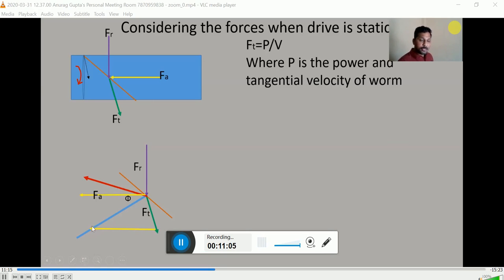This will determine the magnitude of axial force. Now, as the axial force magnitude is known, we can draw the magnitude of radial force.